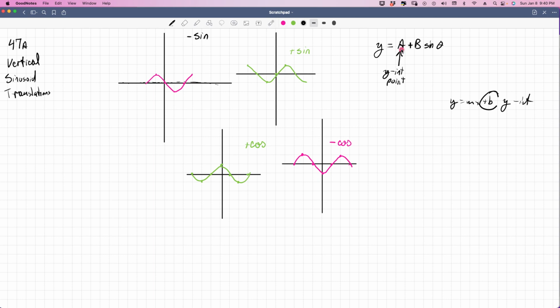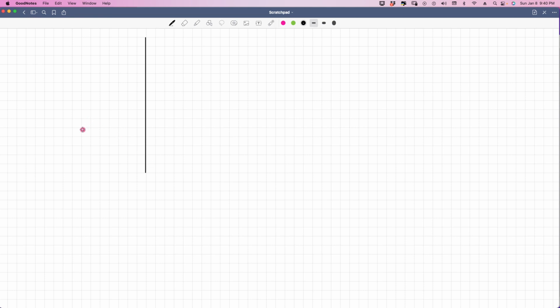I'm going to clear all of this out. If my pen will cooperate with me today, let's just clear the page. All right, and go back to my pen. So here, let's do a positive sine that has been translated. So here is my x-axis. This is my origin. I'm actually going to label it theta just for the sake of continuity.